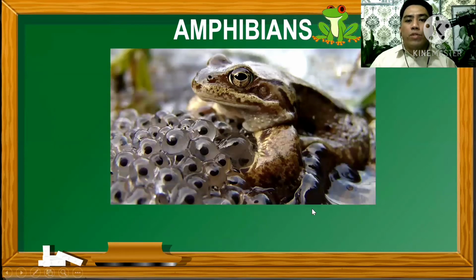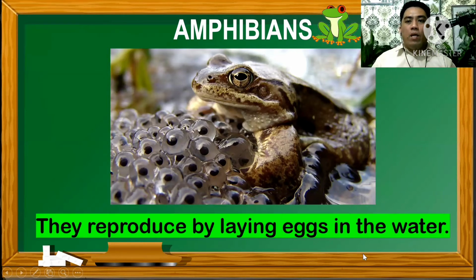Okay, how about this picture? Can you tell me where or how do amphibians reproduce? Okay, so they reproduce by laying eggs in water. Okay, so unlike the reptiles, reptiles lay eggs on land while amphibians lay eggs in water.